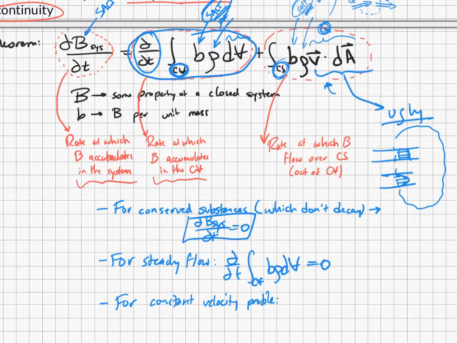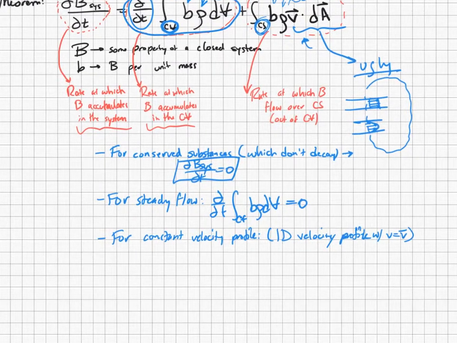That's like a 1D velocity profile, with V equals V bar, where the velocity equals the average velocity. Then this integral over the control surface of b rho V dot dA becomes much easier. Basically, we sum over all the places where there's Q across the control surface of b rho V dot A.